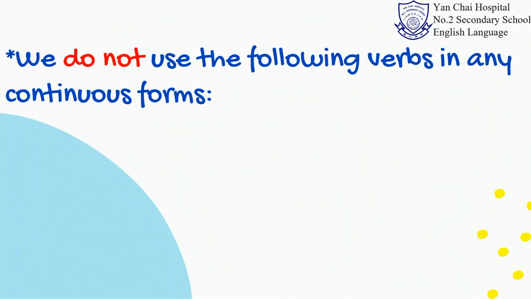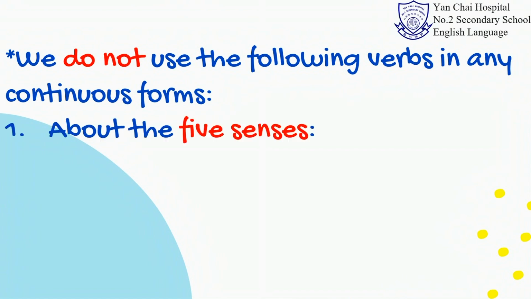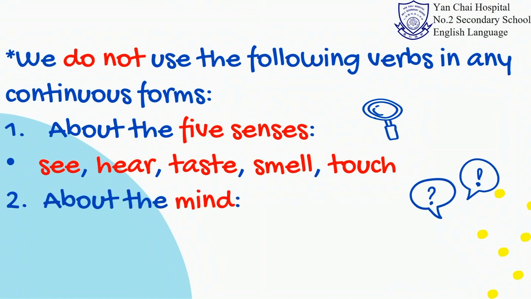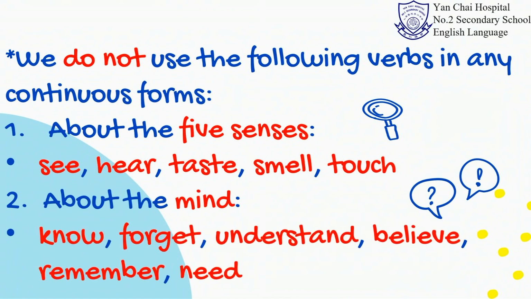Please note that we do not use the following verbs in any continuous forms. About the five senses: see, hear, taste, smell, touch. About the mind: know, forget, understand, believe, remember, need.